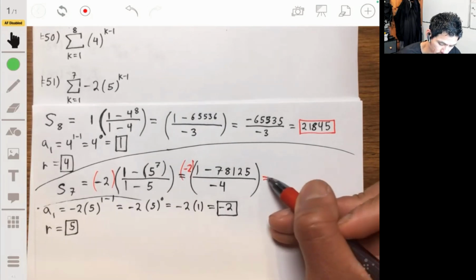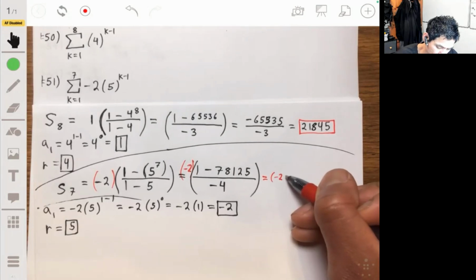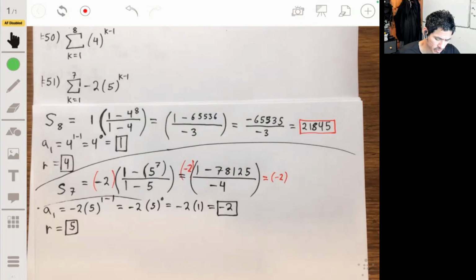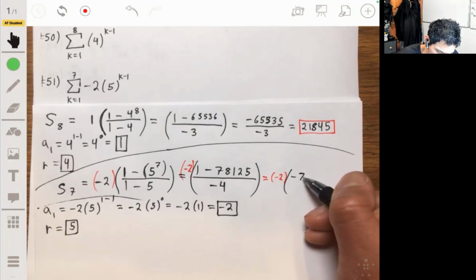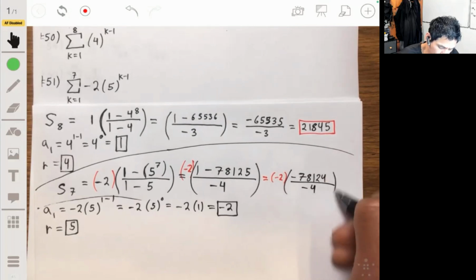And so we'll get negative 2 times 1 minus 78,125, which will be negative 78,124, all over negative 4.